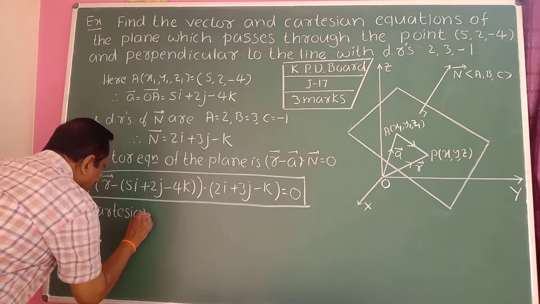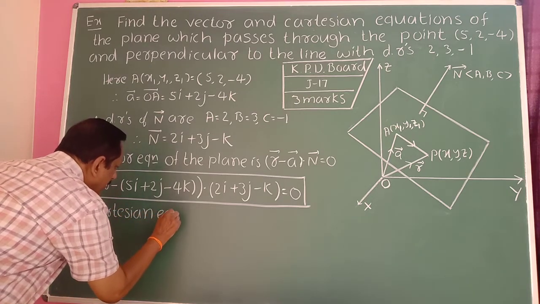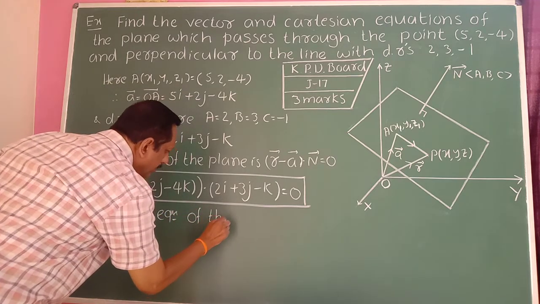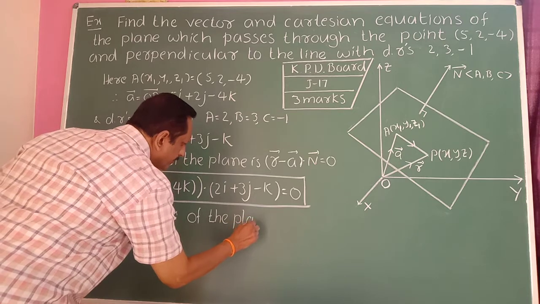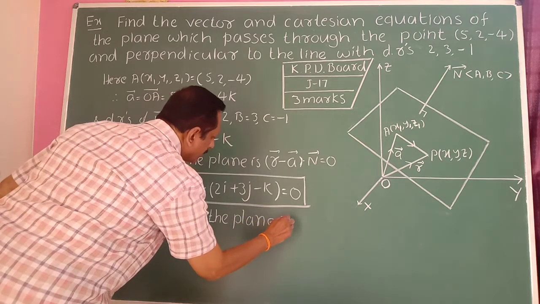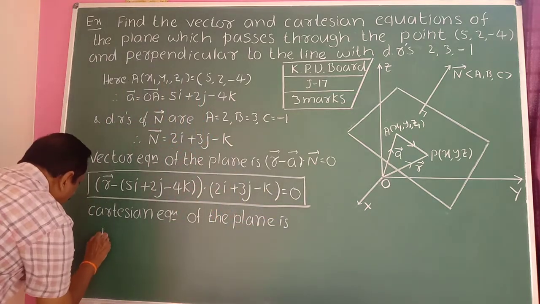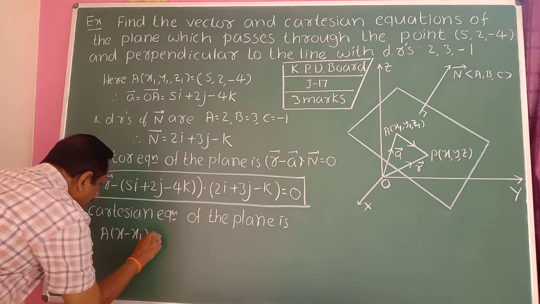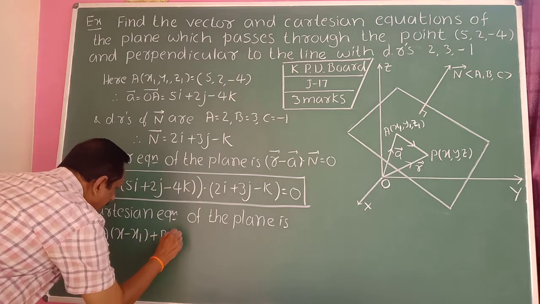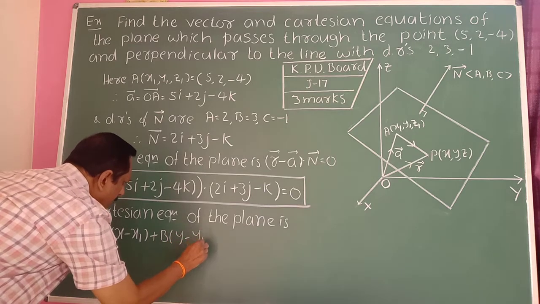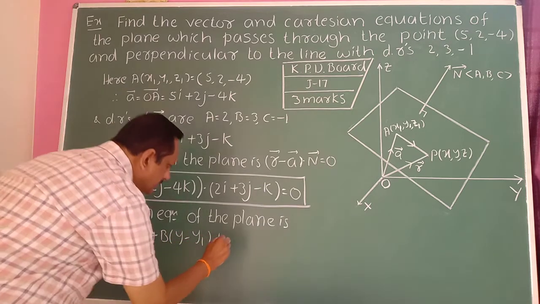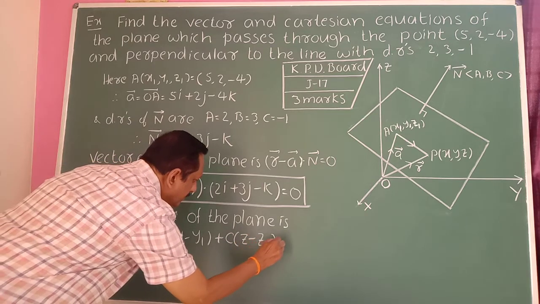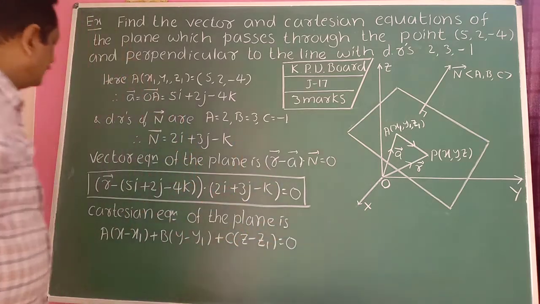The Cartesian equation of the plane is a(x − x1) + b(y − y1) + c(z − z1) = 0.